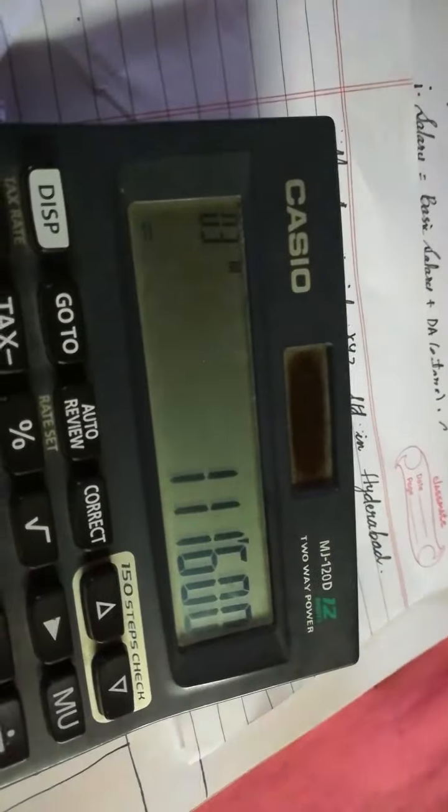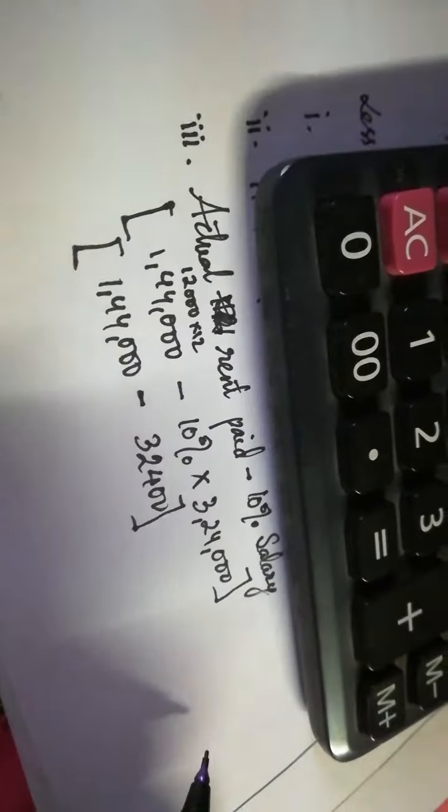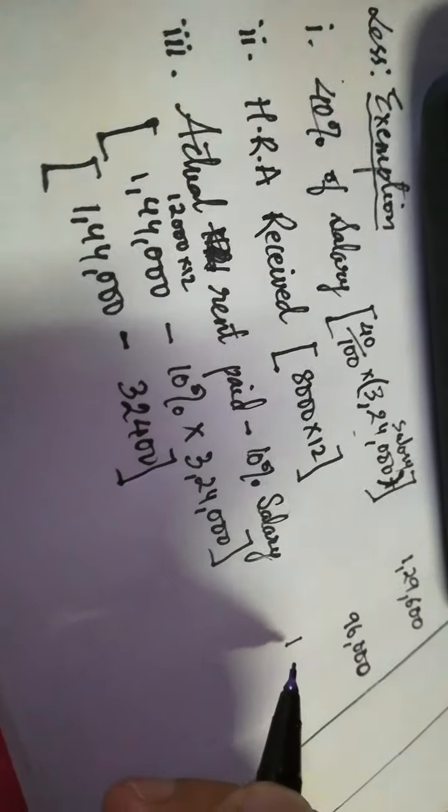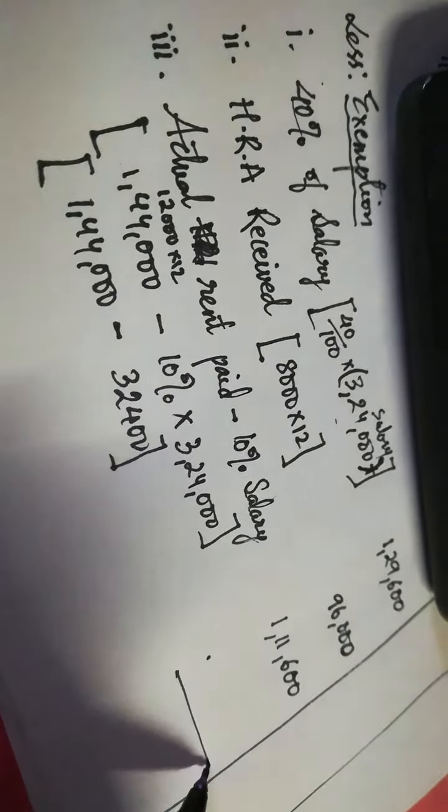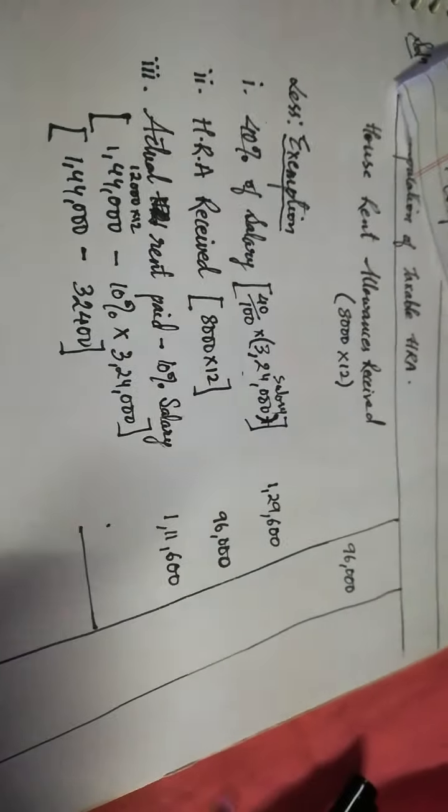Let's bring the calculator. I have forgotten what it was. It was 1,44,000 minus 32,400. So it's coming to 1,11,600. So let's write down here 1,11,600. Done. All the three done. Now check which one is the smallest of these three.